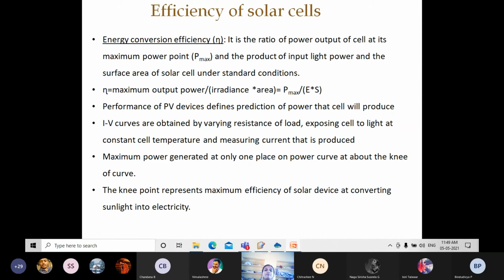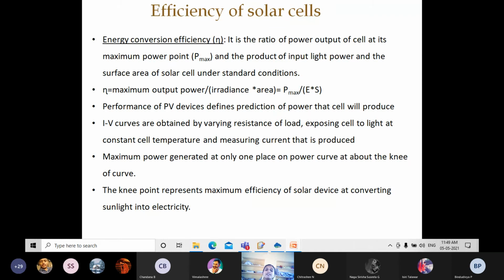And the performance of PV devices defines the prediction of the power that the cell will produce. Here I-V curves are obtained by varying the resistance of the load, exposing the cell to light at constant cell temperature and measuring the current that is produced.